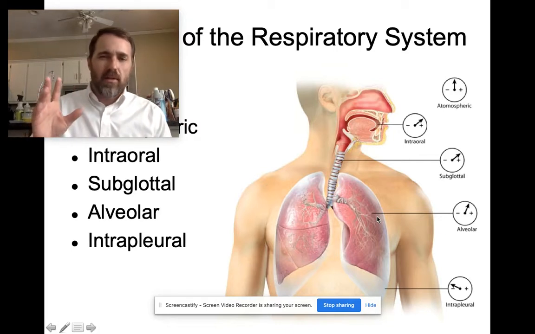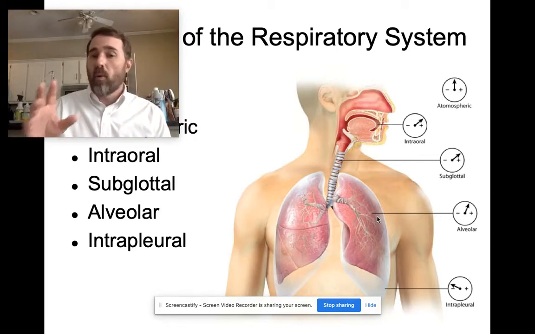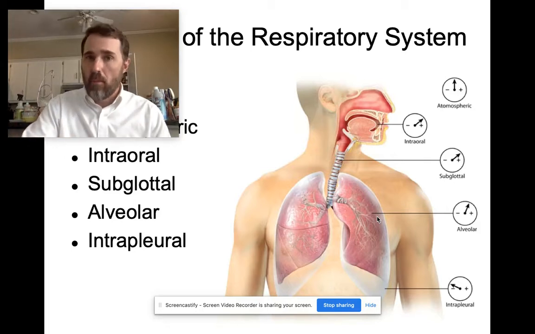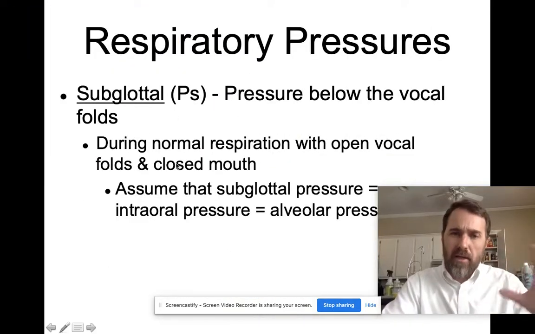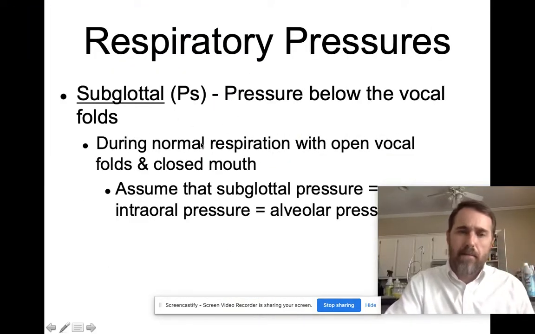We're not going to use these terms right now, but we're going to come back to them more when we get to phonation. So for now, y'all can ignore the slide here.